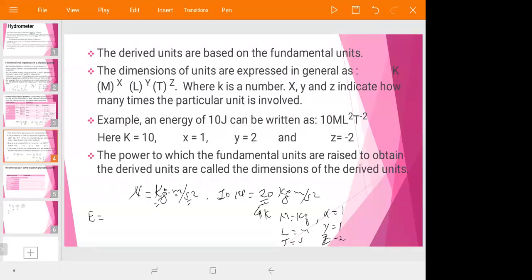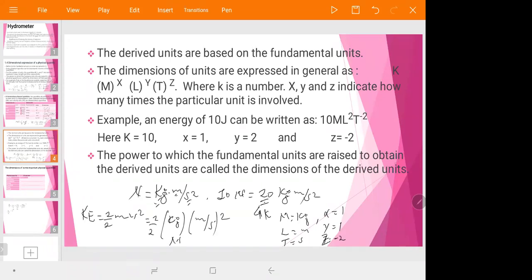Take the unit of mass, kilogram, times v square, meaning meter per second, the whole square.